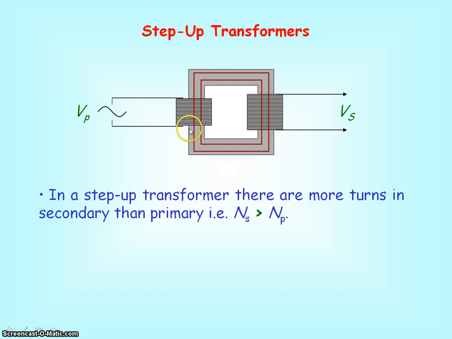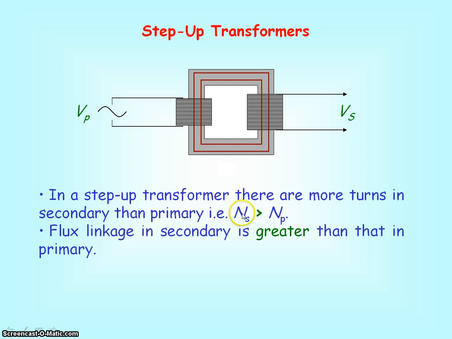As you have the same amount of flux from the primary linking to the secondary coil, then the magnetic flux linkage in the secondary coil, which is equal to the number of turns multiplied by the magnetic flux, is going to be greater in the secondary because it has a larger number of turns.